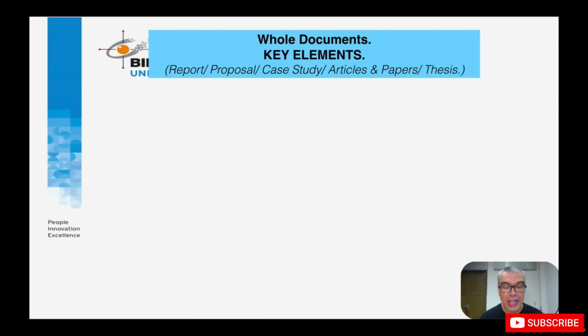Now, these are the key elements that are particularly important when we're talking about reports, proposals, case studies, articles and papers, or theses. The essay I'll talk about next because they are slightly different. Okay, so let me go through them in a kind of chronological order for you.